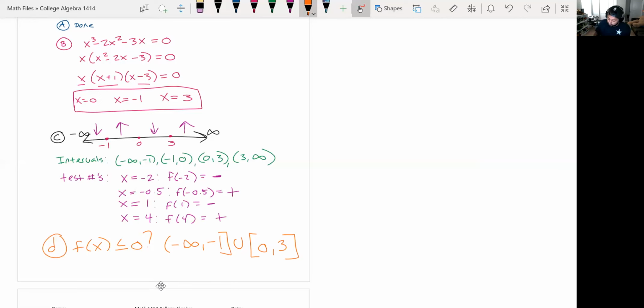That's our answer. We are done. Negative infinity to negative 1 included, and then 0 to 3 included. That's where we are below and on the x-axis.